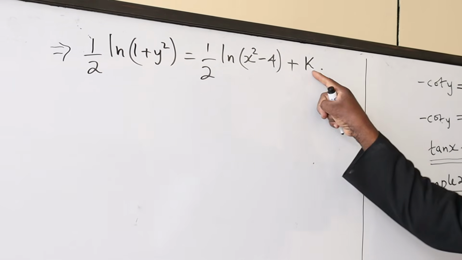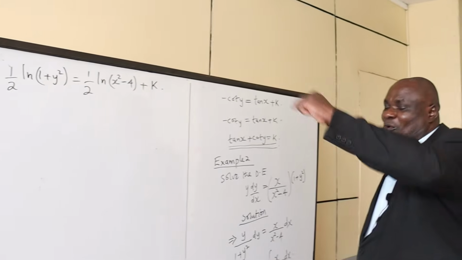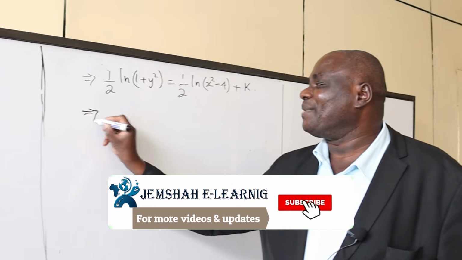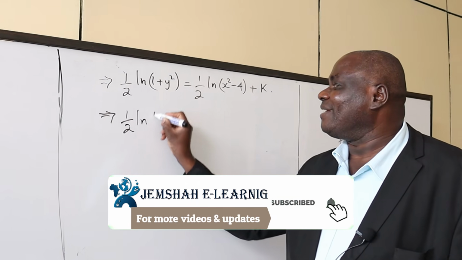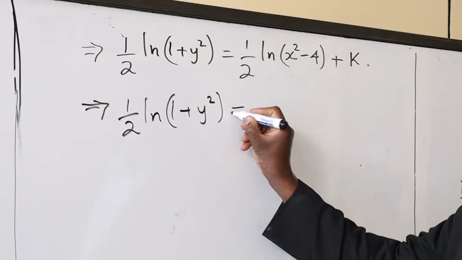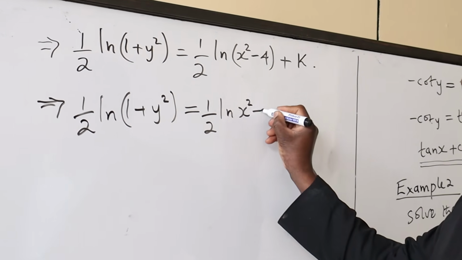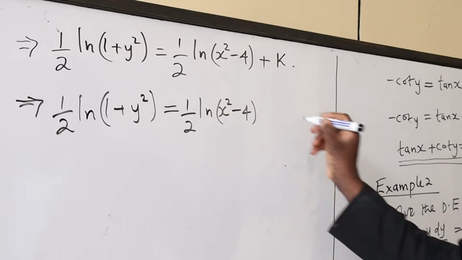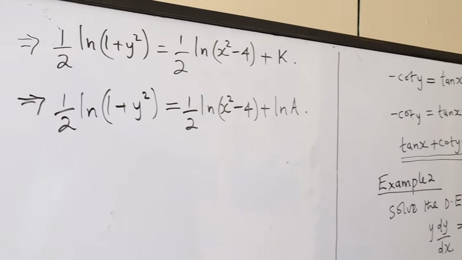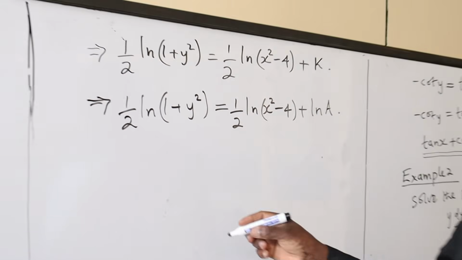Now, any constant can be a natural log of another constant. So we can say this implies a half ln of 1 plus y squared is equal to a half ln of x squared minus 4 plus ln of another constant, which we can call a. Now, we can combine this through laws of logarithm.